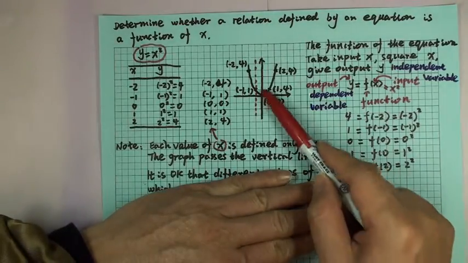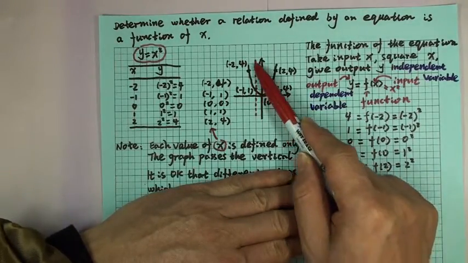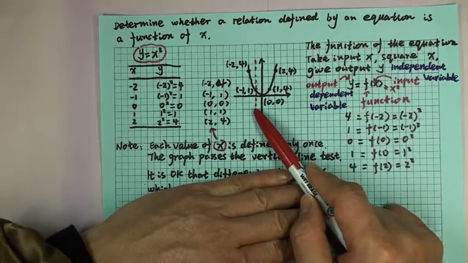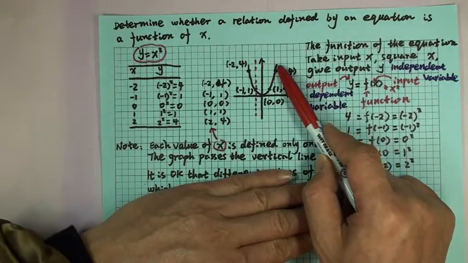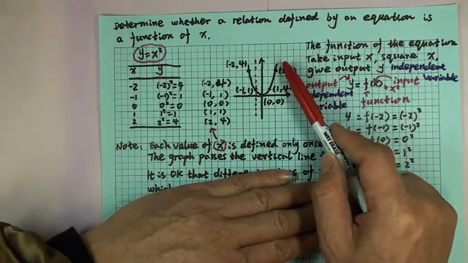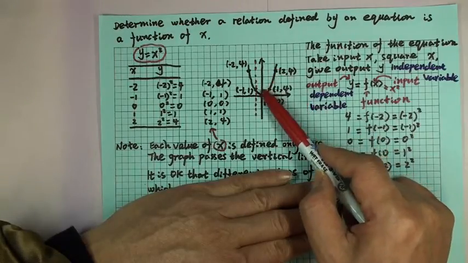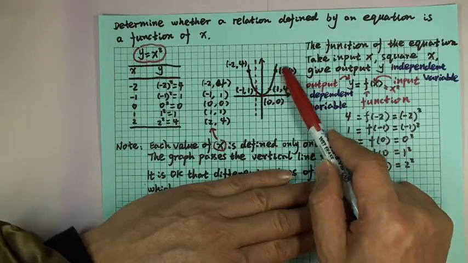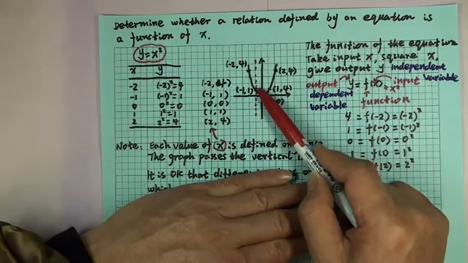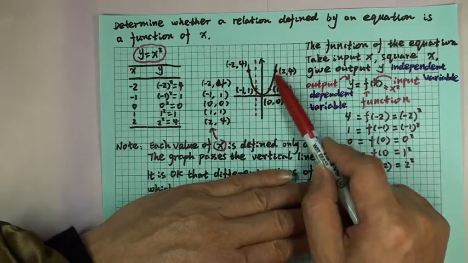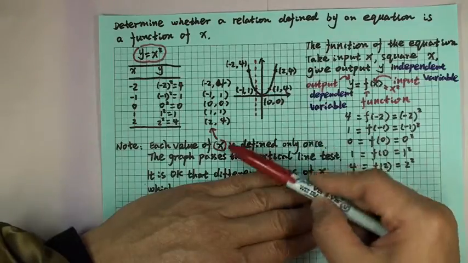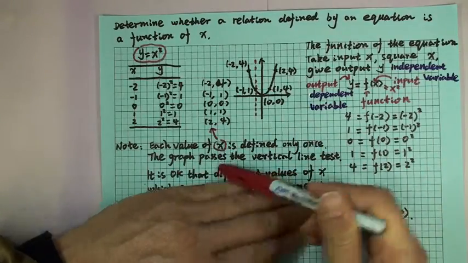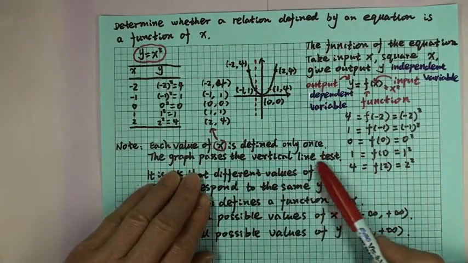We say pass because this vertical line can intersect with the graph at most once. It does not intersect the graph twice or more. So in this case, we see the graph passes the vertical line test.